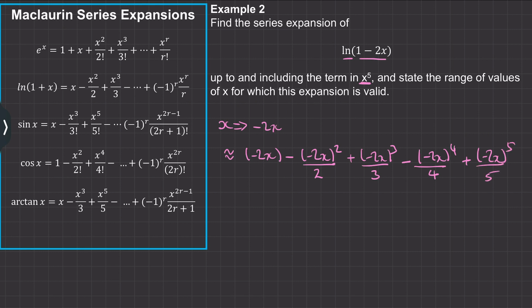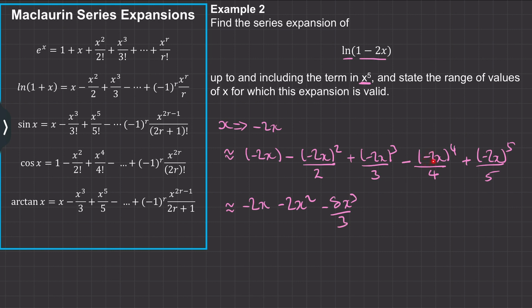So now we can tidy this up. We've got our negative 2x at the start. And then negative 2 squared is 4, divided by 2 is 2. So minus 2x squared. Negative 2 cubed is negative 8 divided by 3. So minus 8x cubed over 3.